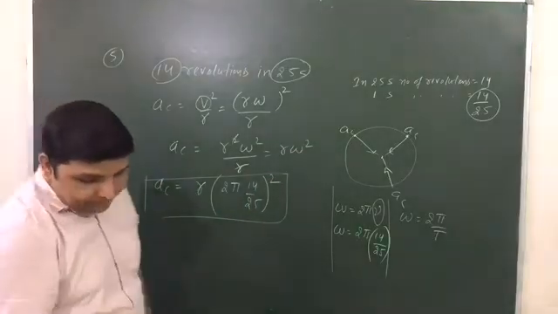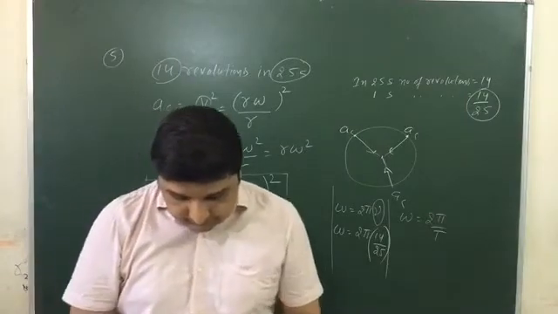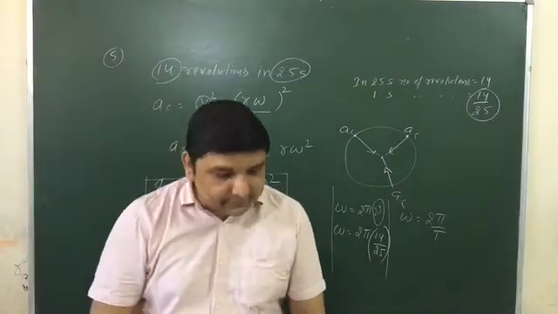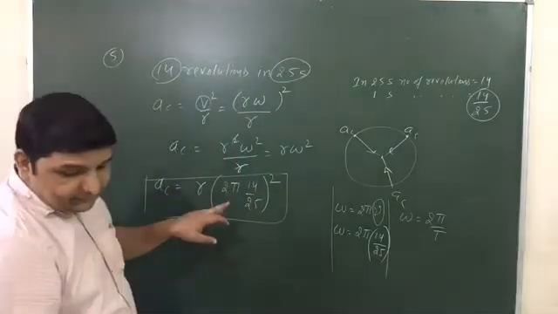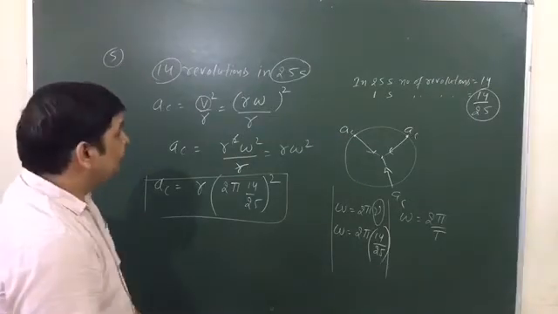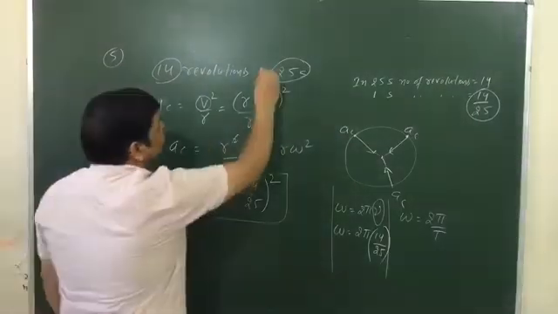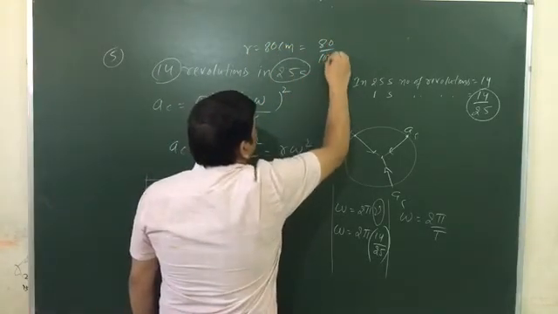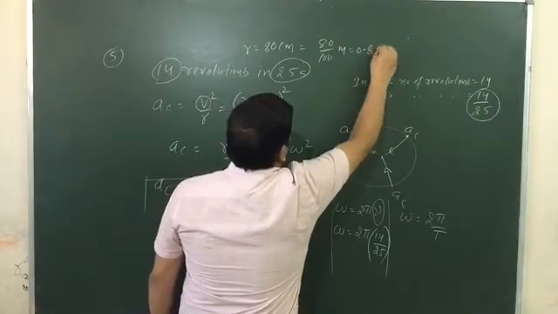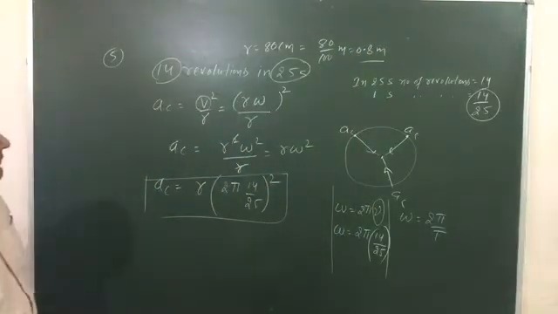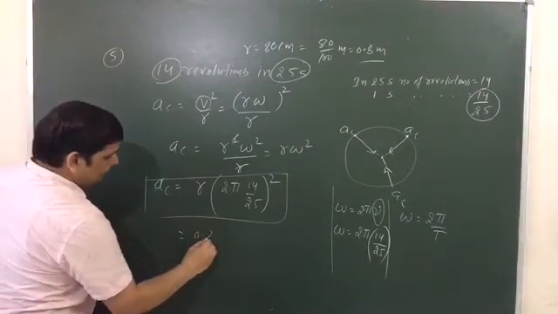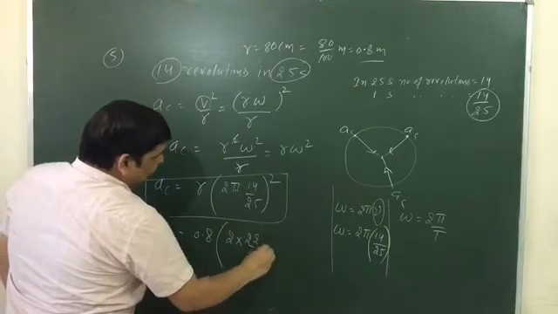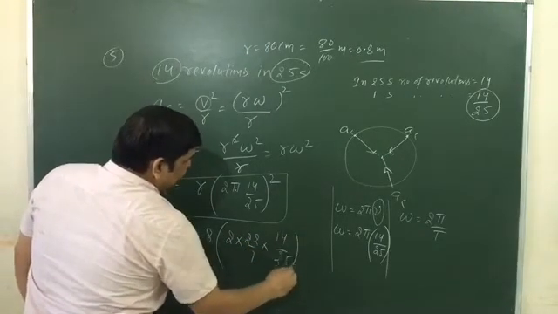Now, radius is given as 80 centimeters. Therefore, radius is 80 by 100 meter, or 0.8 meter. So acceleration equals 0.8 times 2 times 22 by 7 times 14 by 25 raised to power 2.